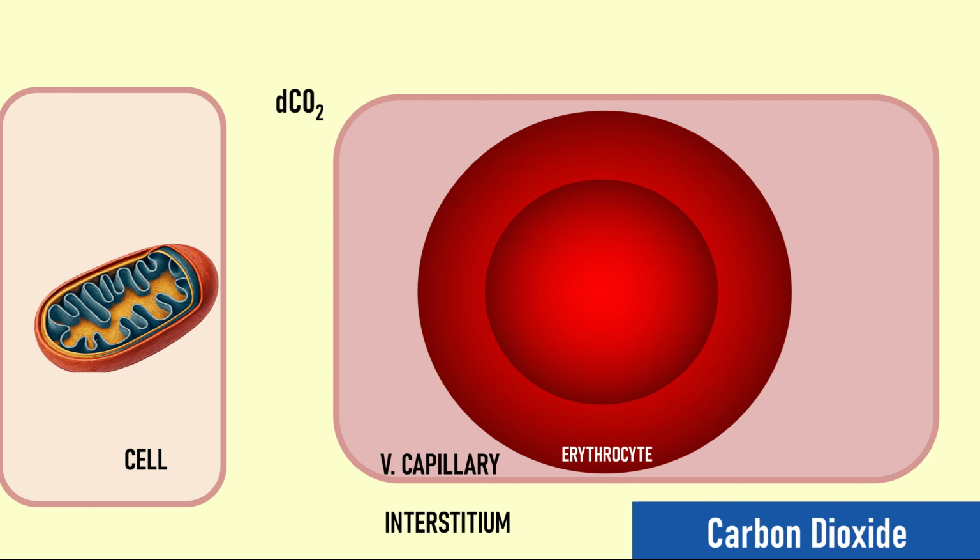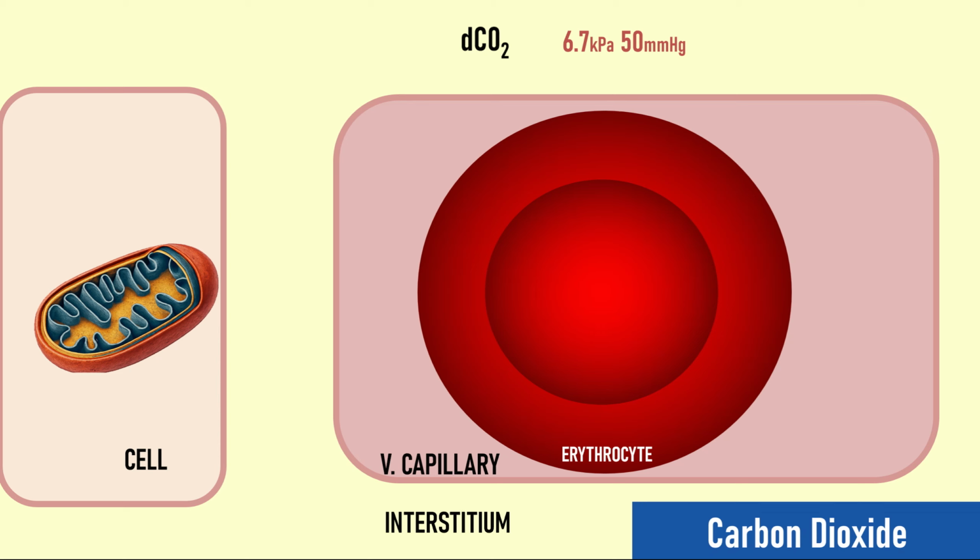The carbon dioxide that is dissolved then exits the mitochondria and the cell and enters the interstitium. The partial pressure of carbon dioxide, if you were able to measure it in the interstitium, is approximately 6.7 kilopascals or 50 millimeters of mercury.